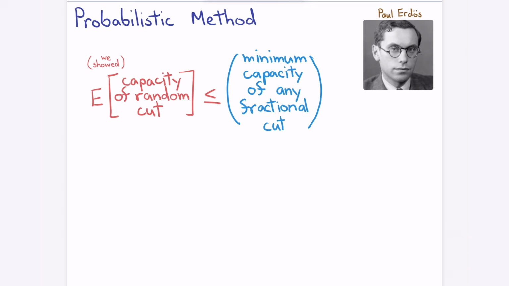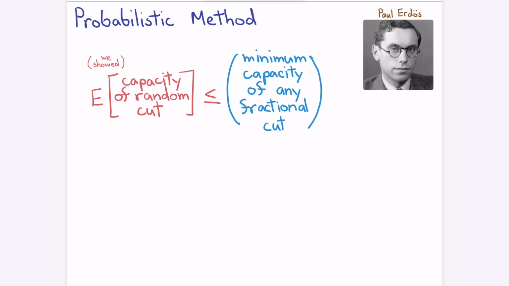We're trying to do a math theorem here. One last swift punchline: the expectation is smaller than at least one of the random things we're taking the expectation of. So if the average is good, then something has to be good, right?